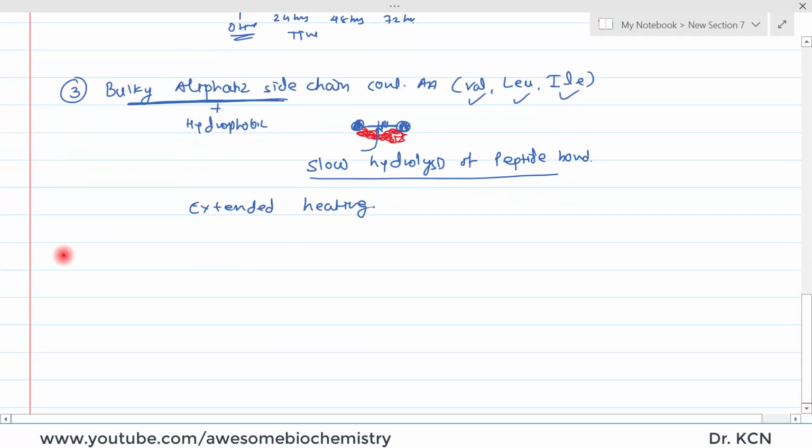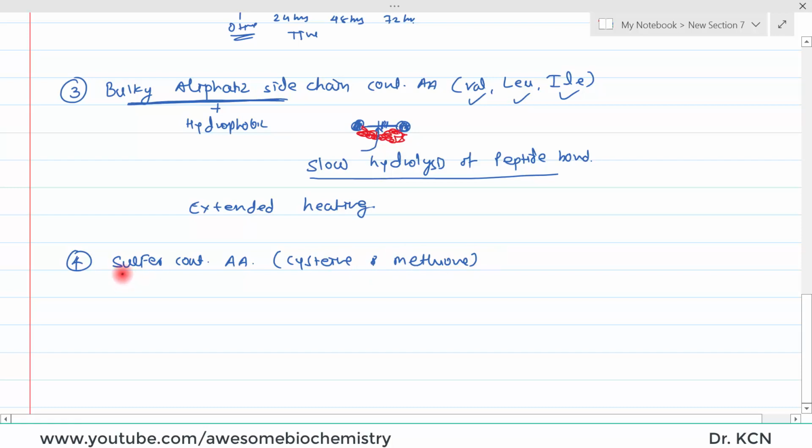Now, the fourth problem. It is with the sulfur containing amino acids. We know that we have cysteine and methionine. What happens in the presence of acid and heat?